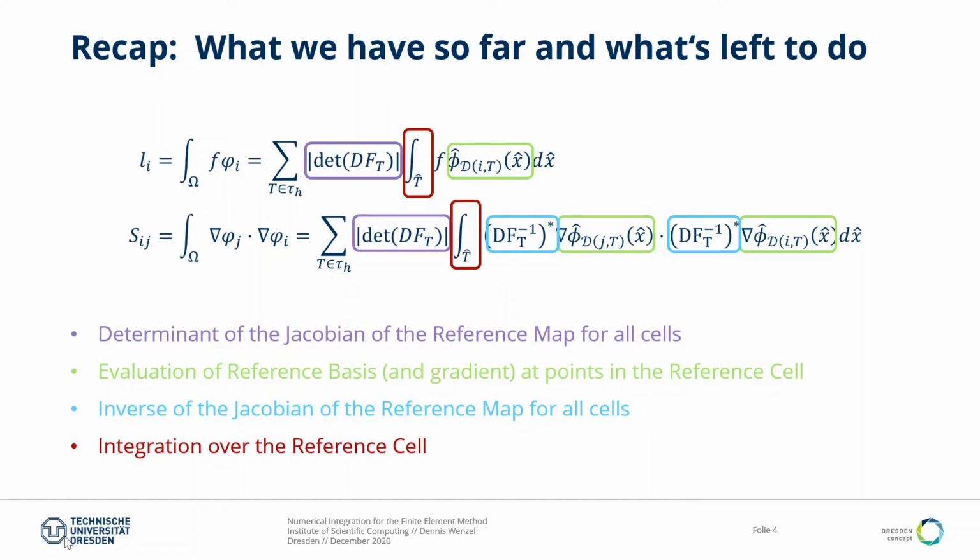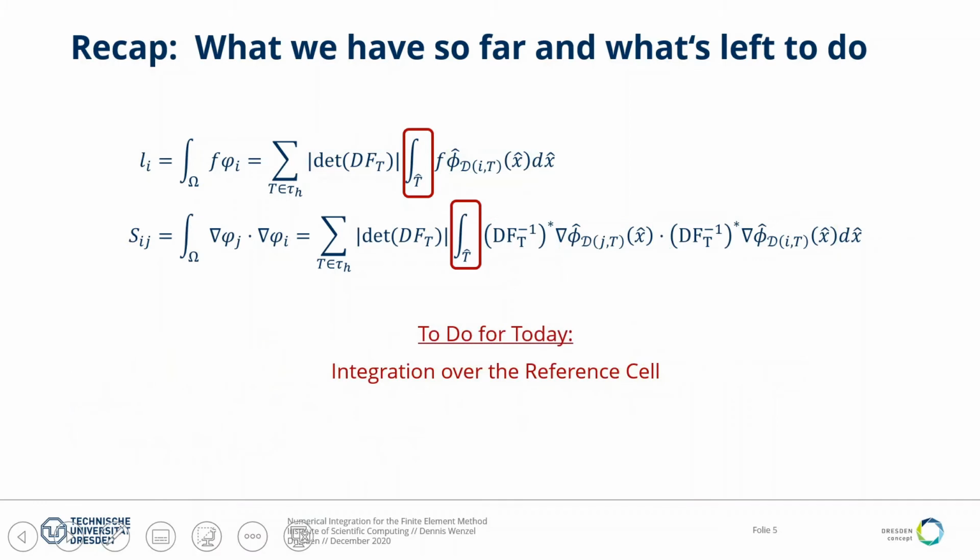So we have seen that almost all of those ingredients can already be computed from the things we have discussed before. And the only thing that was left missing was this red box with the integral over our reference cell.